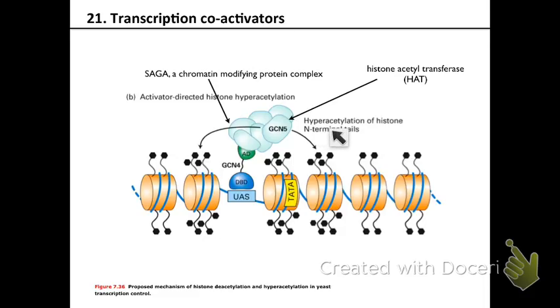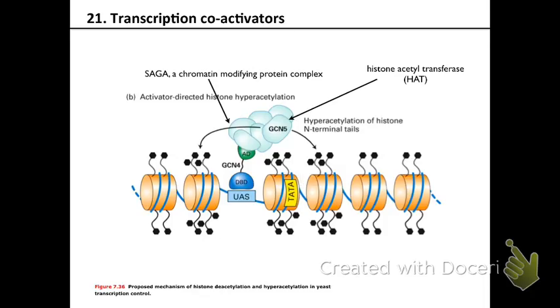And hypo means less. So hyperacetylation of the N-terminal tails occurs through bringing in this complex containing GCN5 that puts on lots of acetylation. Now, acetylation of the tails actually loosens up chromatin a little bit. So it opens the chromatin. It negatively affects the compaction of the chromatin.